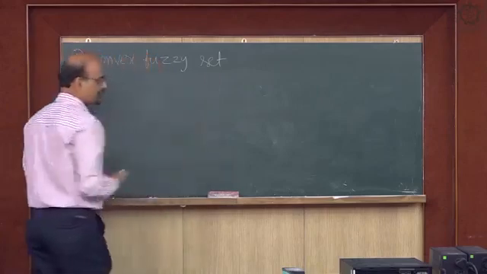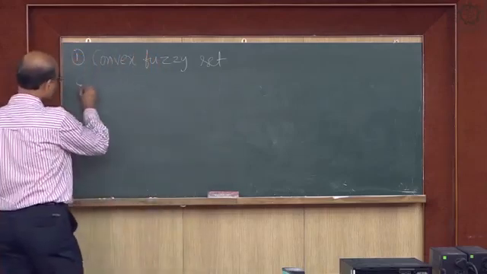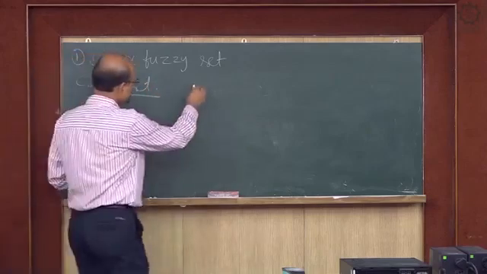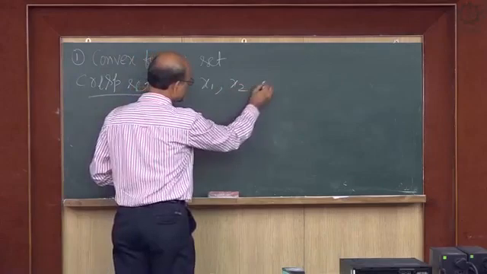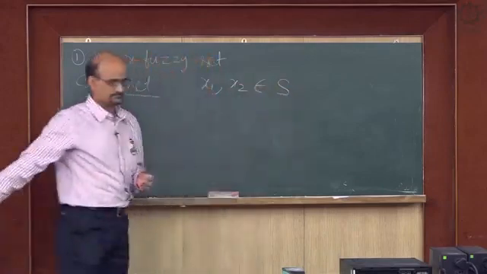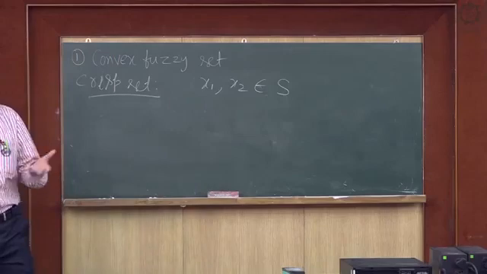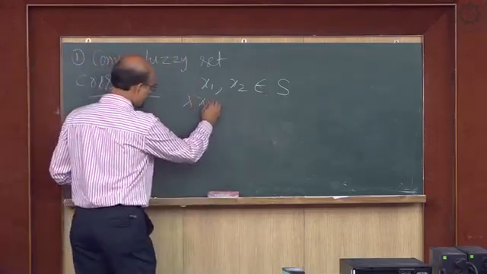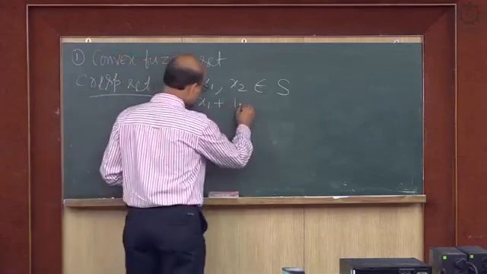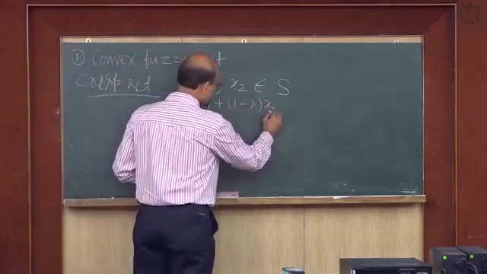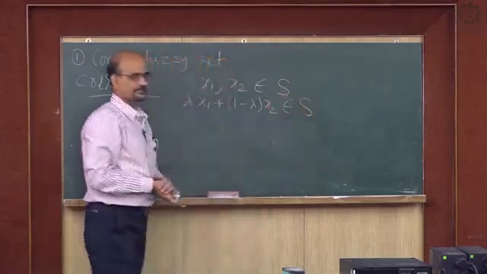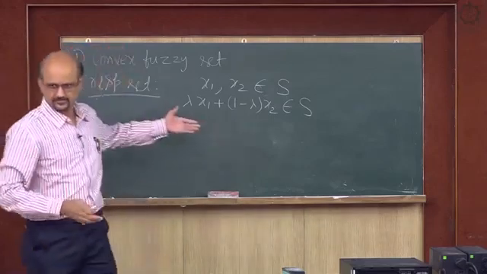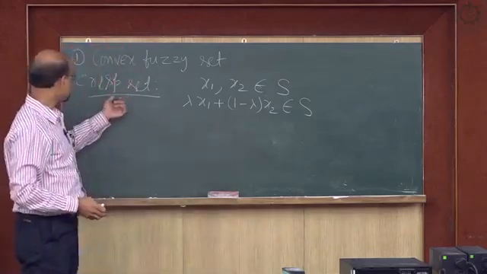mathematical expression, I can write, for a crisp set we know what is a convex crisp set. If I have 2 elements or points in a crisp set S, then we take any parameter lambda such that we will write like this: lambda x1 plus 1 minus lambda x2, and this should also belong to S, where x1 and x2 are in S. This is the definition actually for a convex crisp set.